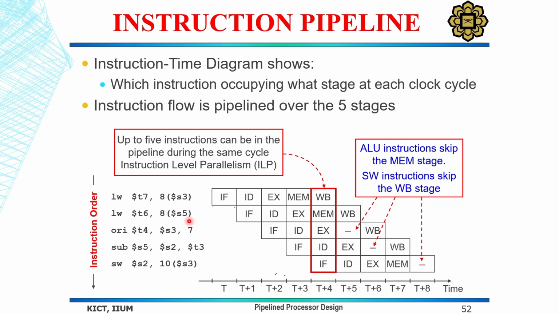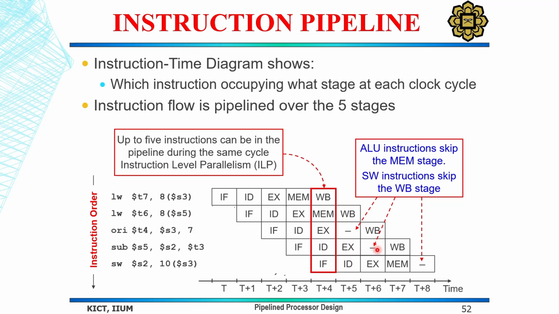So the pipeline has 5 stages, which are instruction fetch, instruction decode, execute, memory access, and write back. Then you can see that the ALU instruction skips the memory stage, this one.